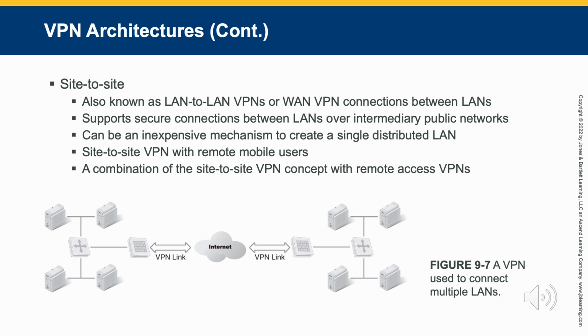So here we have two corporate networks disparate from each other, and they can have a site-to-site VPN tunnel between the two firewalls, and the end users in each network would be able to traverse to each other's network through that tunnel, and they would appear as one big network instead of two independent networks.